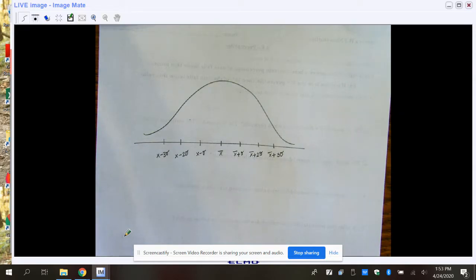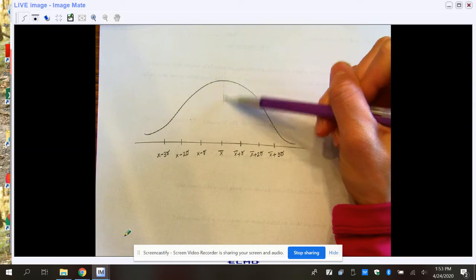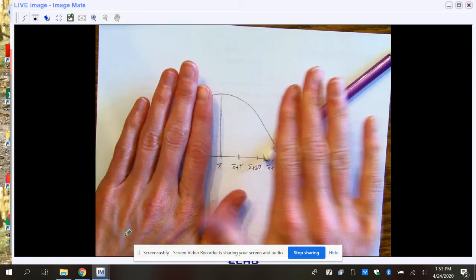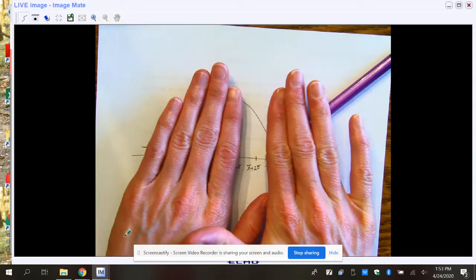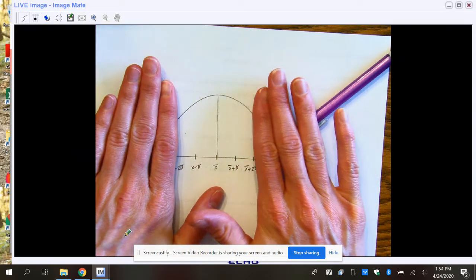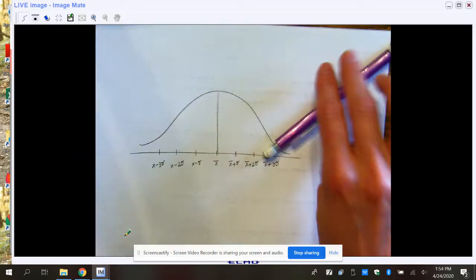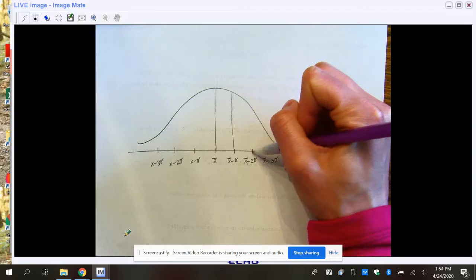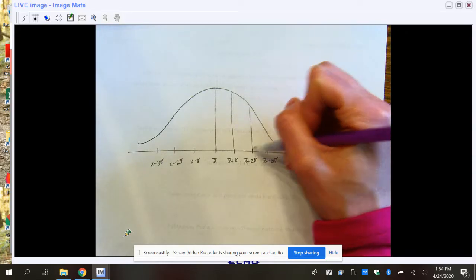Certain percentages of your data fall within that, okay? And for percentiles, you want to break it into each individual chunk, not the 68, 95, 99.7. So we want to make sure we can calculate each individual percentage.